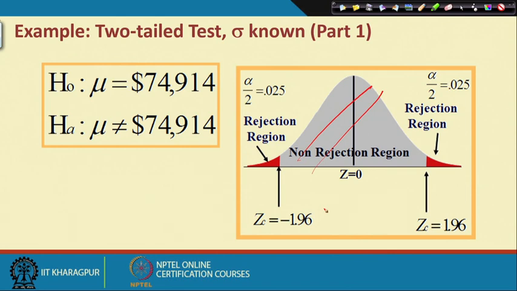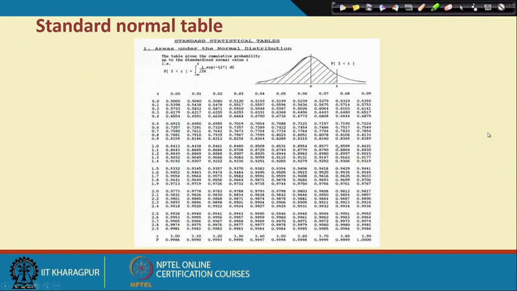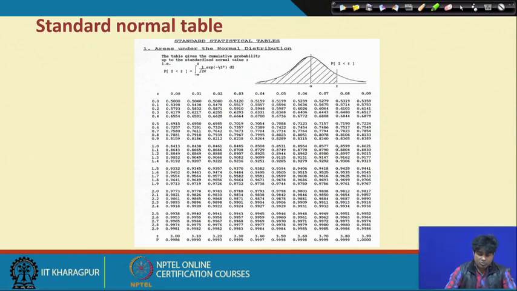Now, this critical value is typically derived on the basis of Z tables only. So, in the next slides I will show you how exactly this value comes. See here, this is the standard normal table. We are targeting 95%, that is 1.96.